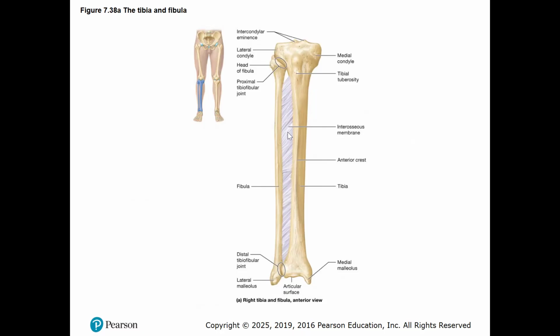And just like in the forearm with the radius and ulna, you have the interosseous membrane here in the lower leg that's also going to aid in distributing the weight of the lower leg. But remember, the tibia is the one that's going to carry the majority of that weight.